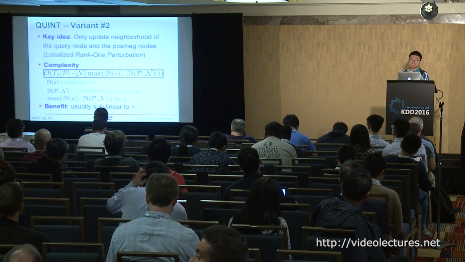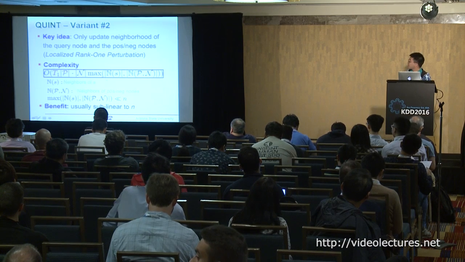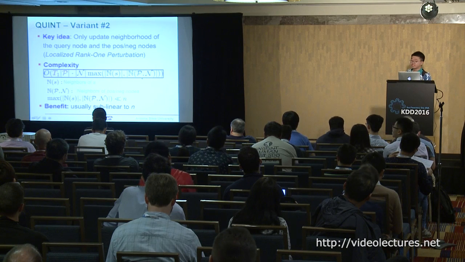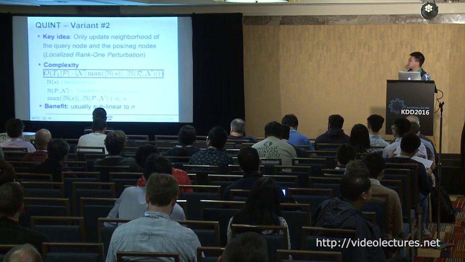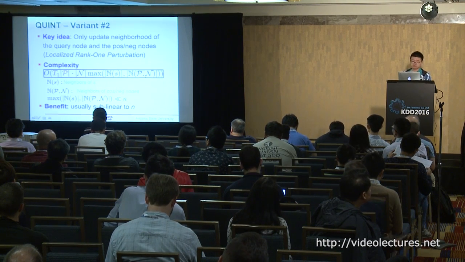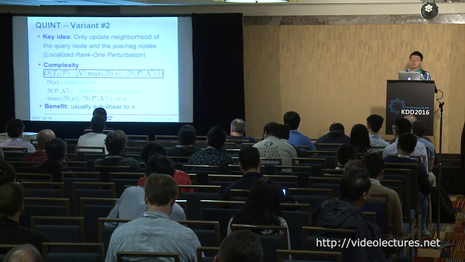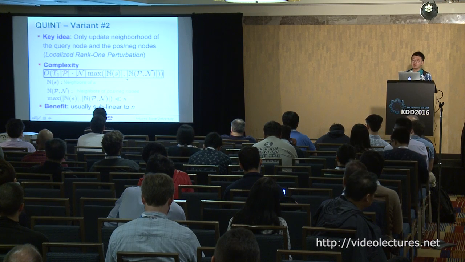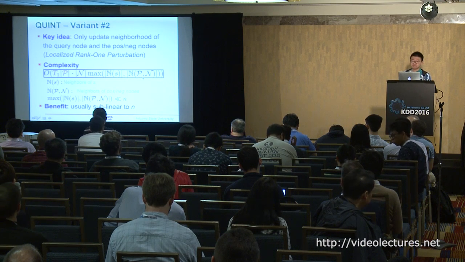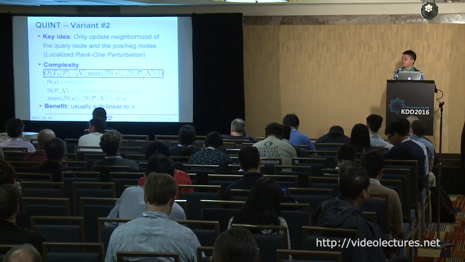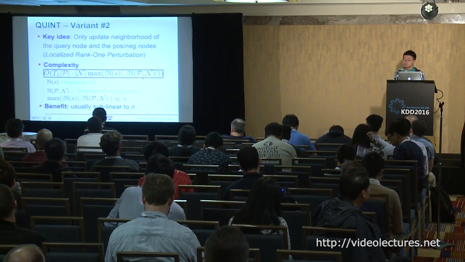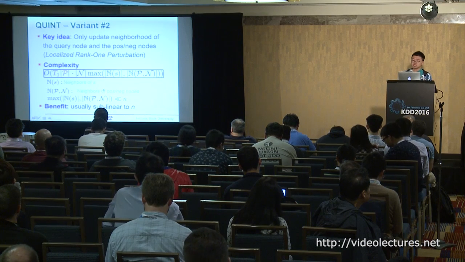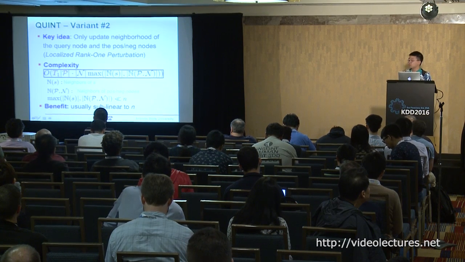So the complexity is as follows. N_S is the neighbors of S, and N_PN is the neighbors of positive nodes and negative nodes. Usually the maximum of the neighborhood size of S and the neighborhood size of positive and negative nodes is much smaller than the number of nodes in the network. So our benefit is that the complexity is usually sublinear in n.